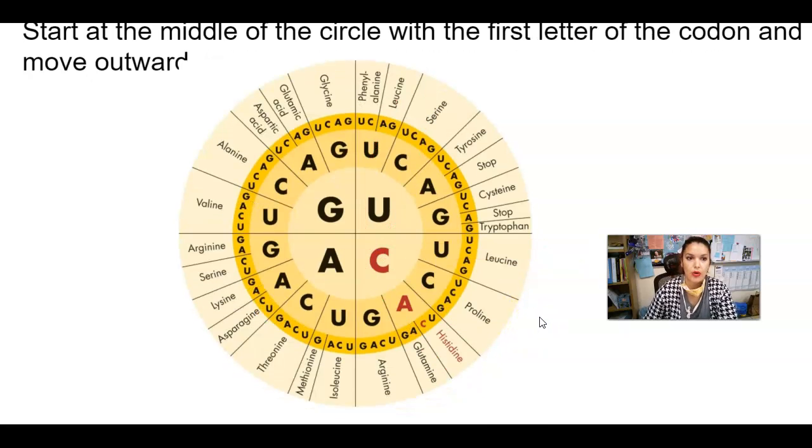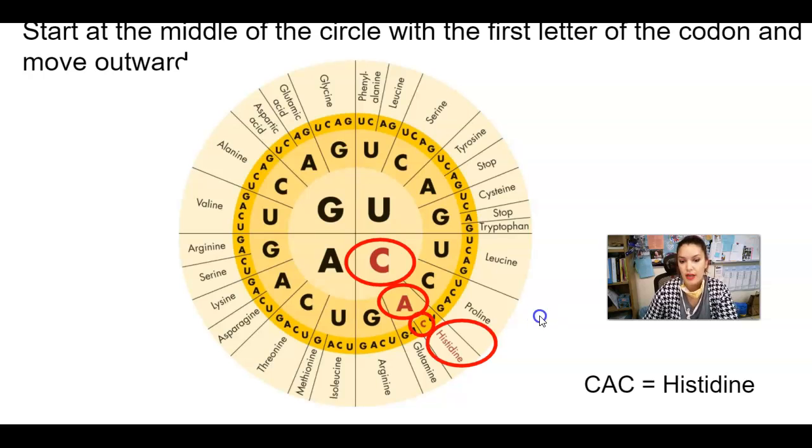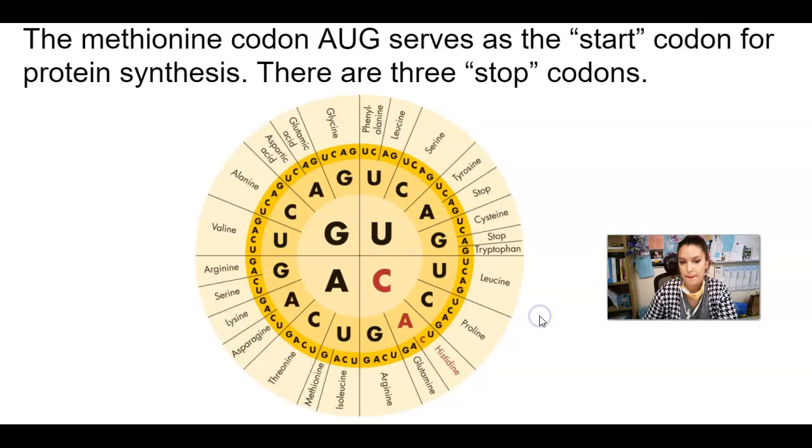Okay, so again, start at the middle of the circle with the first letter of the codon, and you move outward. CAC, histidine. Okay. The methionine codon, AUG, serves as the start codon for protein synthesis. There are 3 stop codons.